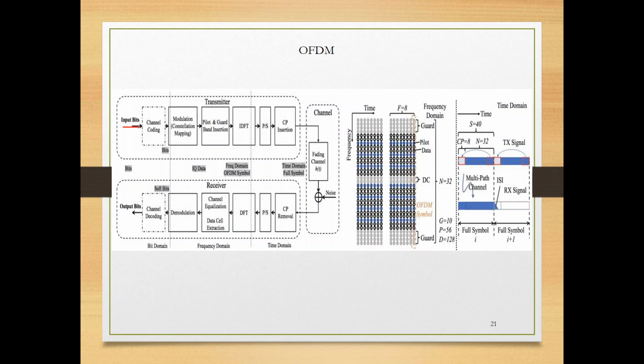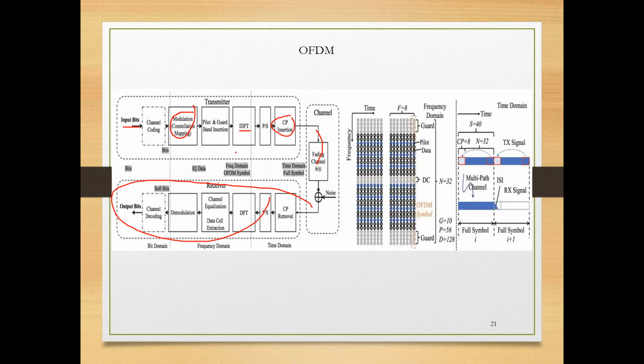It is actually a waveform used in many wireless technologies like LTE, Wi-Fi, 5G even. You have here conventional mapping constellation, and after that pilot and guard band protection. You take the IFFT, and then parallel to serial, you add the CP, you transmit over a wireless channel, and you do the reverse process here.